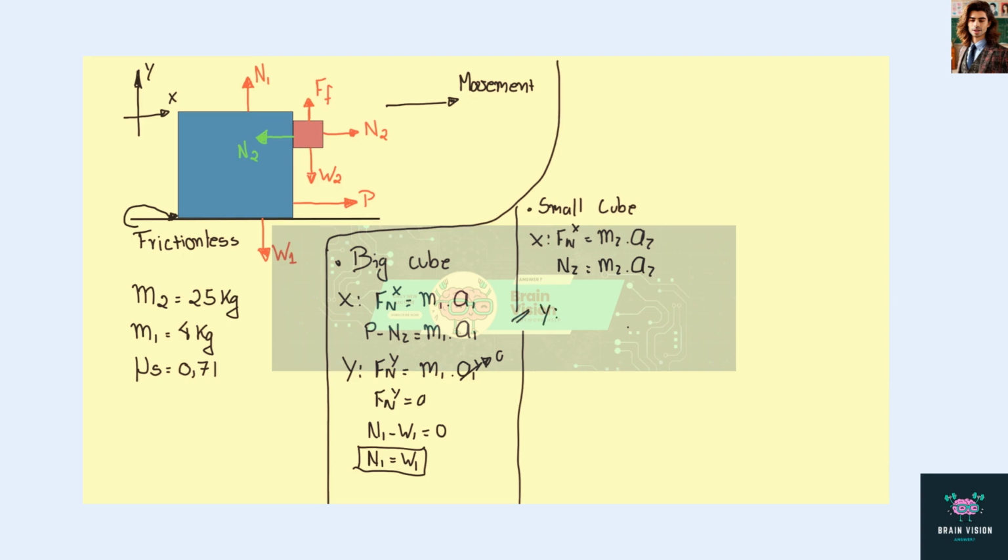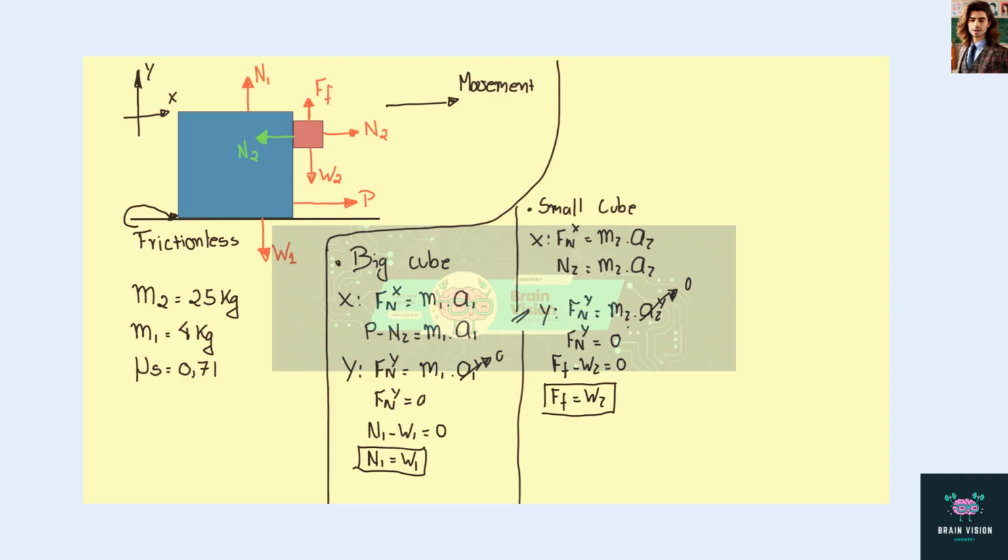Then, on the y-axis, the net force is equal to the mass of the cube number 2 times its vertical acceleration. We want it not to move, so its acceleration should be equal to 0. Then, the net force in the y-axis should be equal to 0, which means that the frictional force minus the weight number 2 should be equal to 0, and finally, the frictional force must be equal to the weight number 2.